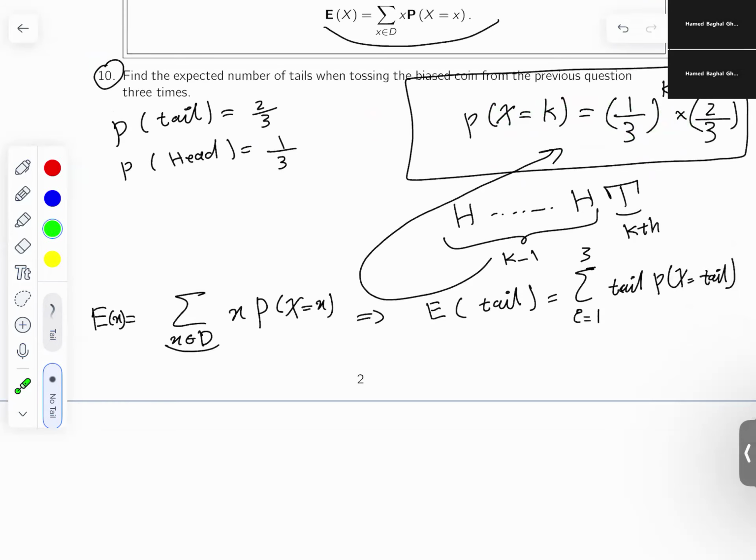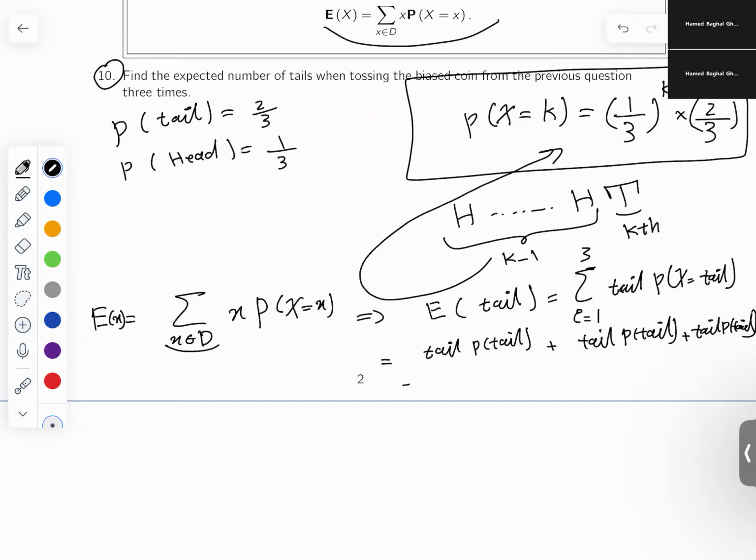So from here, probability of tail plus tail plus tail. What's the probability of tail? Since all of them are the same, it will be 3 times probability of tail.